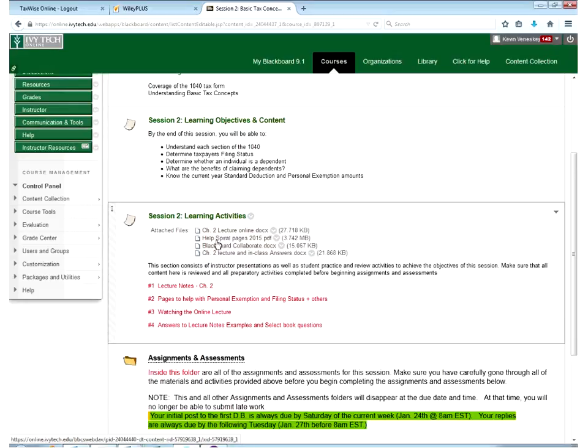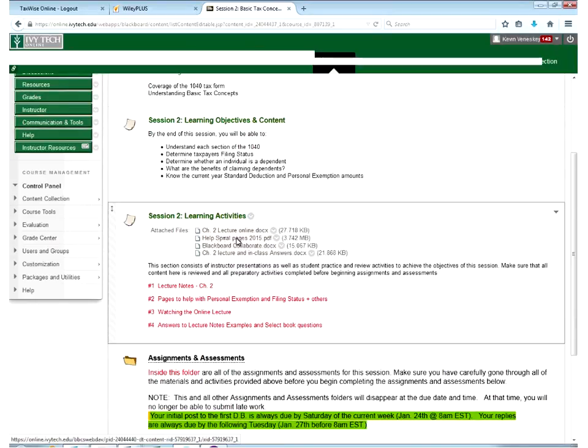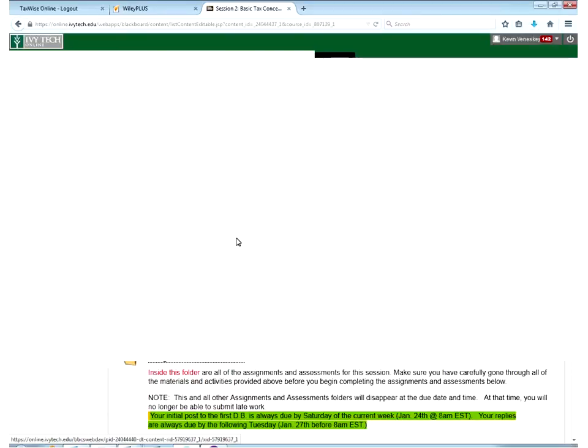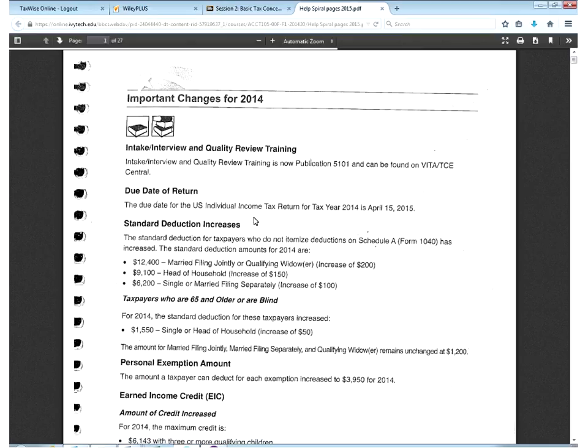You already know how to access the Blackboard Collaborate if you're watching this, so this item won't be as used. But the help pages for 2015, I think, will be very helpful for you if you take the time. There are 27 pages here, but they're not a hard read by any means.